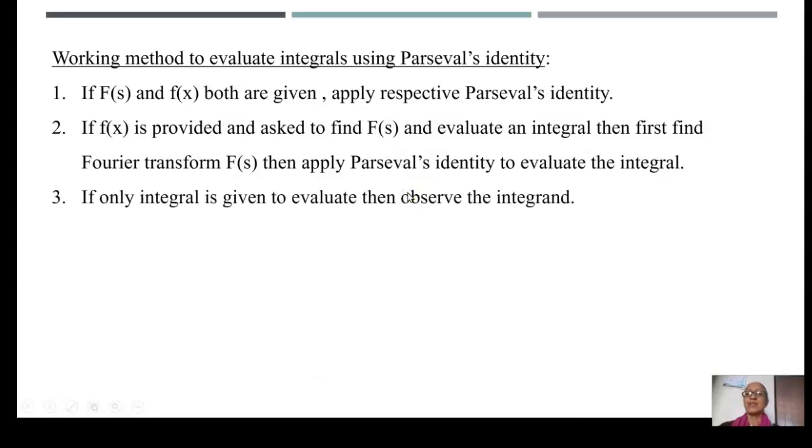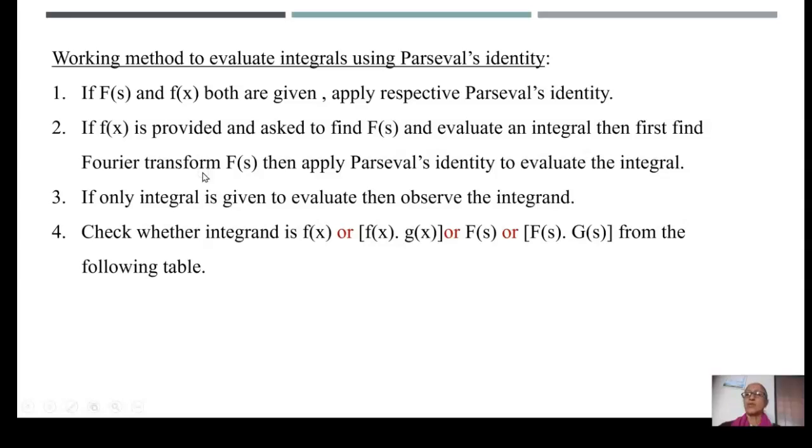But in some questions, they provide only the integral which is to be evaluated. They don't provide the function f(x) or the Fourier transform f of s. Then, according to the integrand, we have to check whether the integrand is f(x), or f(x) into g(x), or in the form of the Fourier transform f of s, or a product of two Fourier transforms f of s into g of s. I have provided one table in the next slide. From that table we have to choose the required transform.